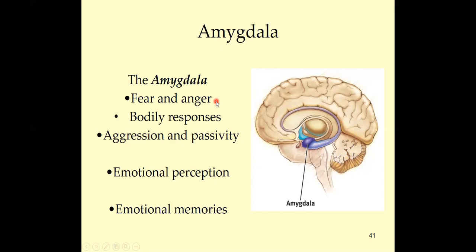So pretty important with those emotional responses, and also the bodily responses that go along with those particular emotions. In fact, we may not consciously feel the emotion, but we might have the bodily response going on even when we're not aware of the emotion.